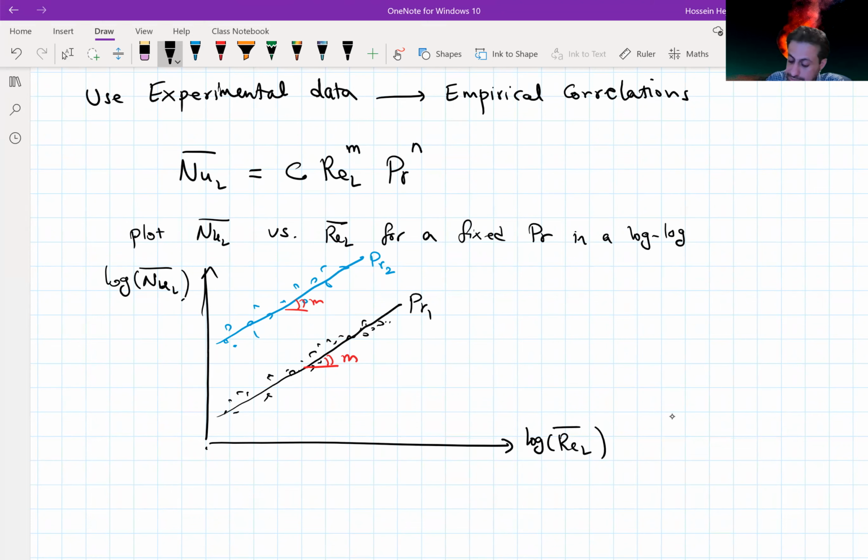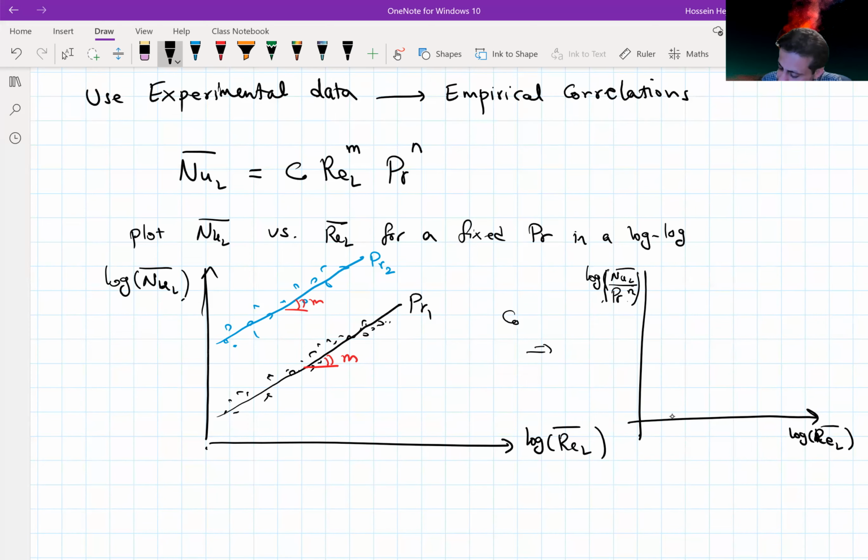Or, based on the correlation that we have, if we plot the log of Nusselt number of L divided by Prandtl number to the power of n versus the log of Reynolds number, all these curves are going to collapse into one single curve.